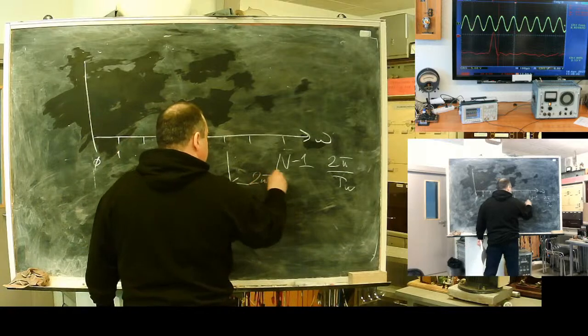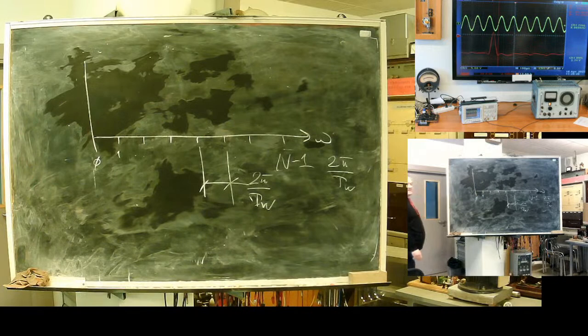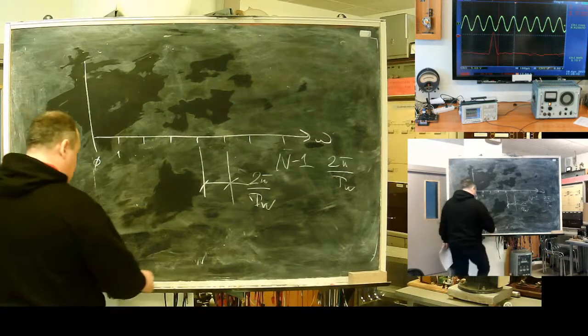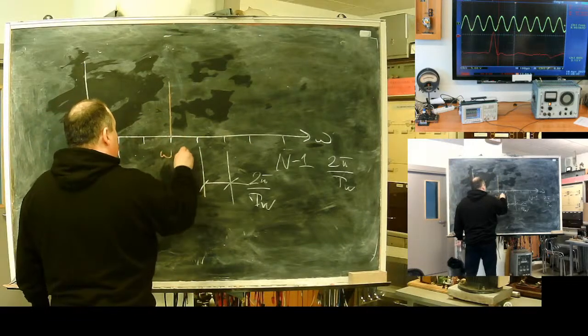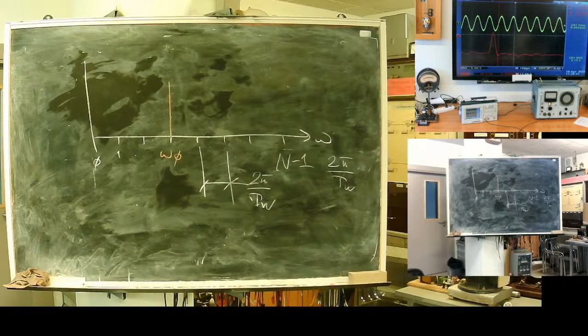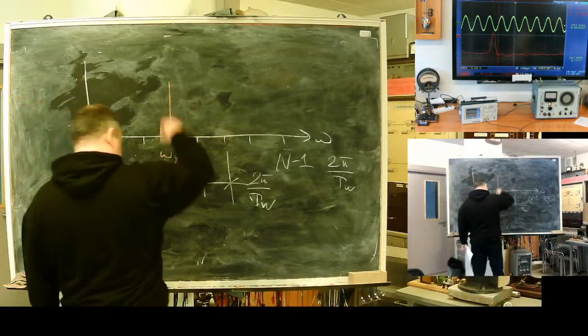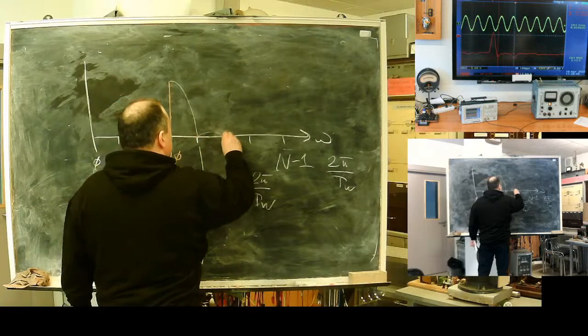Again, here is the frequency grid of my instrument. Let's say I have a good case. Omega 0 corresponds to one of the frequency scale positions. In such a case, I will have a good result for the absolute value.